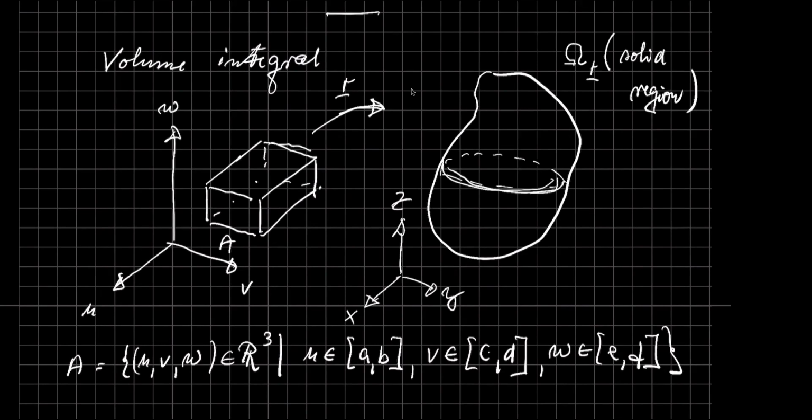And the boundary of this region is denoted ∂Ω_r. And this is the boundary of omega r.